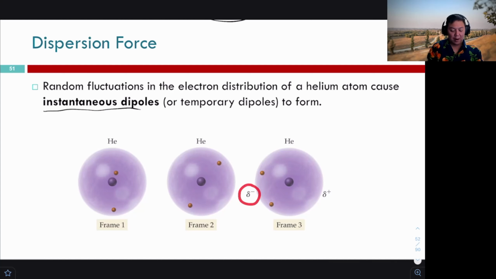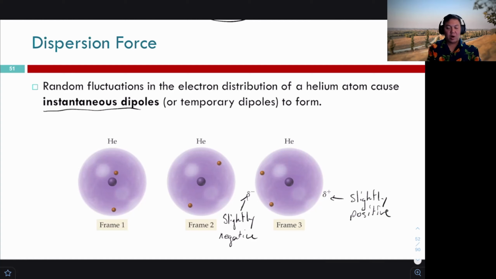So when this happens, we get this, which is a lowercase delta. When it's delta negative, that's slightly negative, and delta positive is slightly positive. Remember, opposite charges attract.